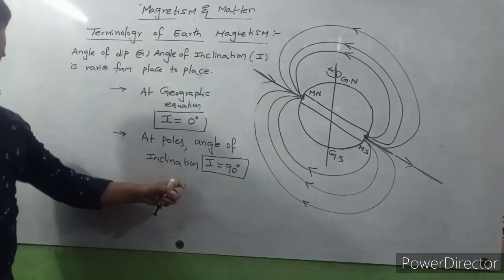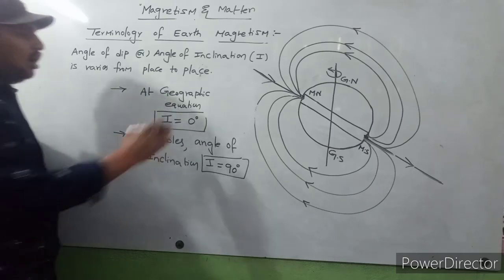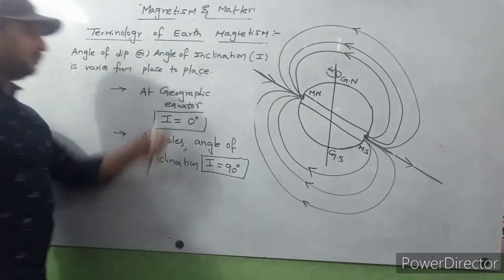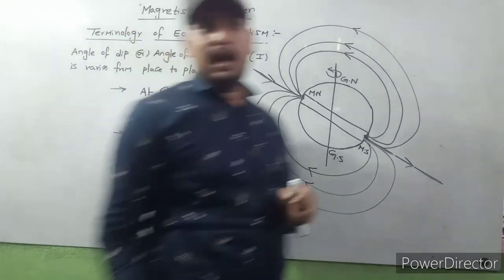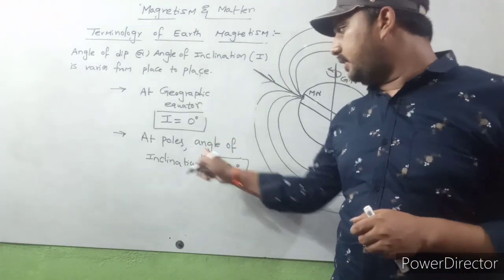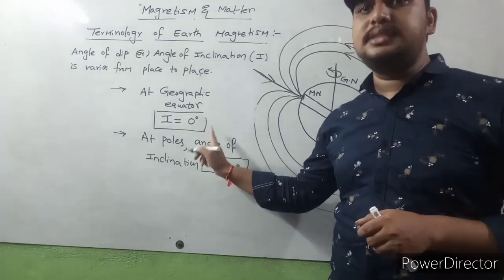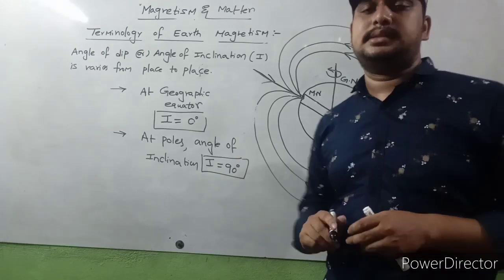At the geographic equator, angle of inclination is 0 degrees. This is very, very important. At poles, angle of inclination is 90 degrees. At the equator, angle of inclination is 0 degrees. I is equal to 0 degrees here, and I is equal to 90 degrees here.